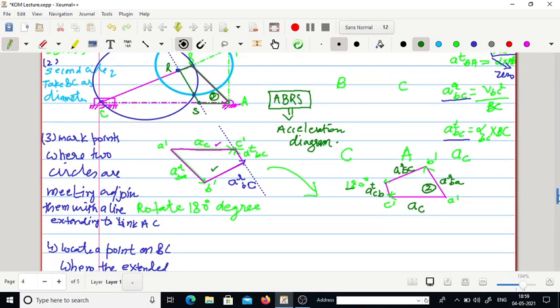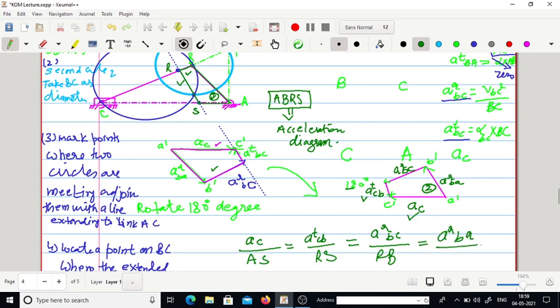Now applying the similarity law, we can write that AC divided by this length AS is equal to A tangential CB divided by this length RS, equal to A radial BC divided by this length RB, and A radial BA divided by this length AB.